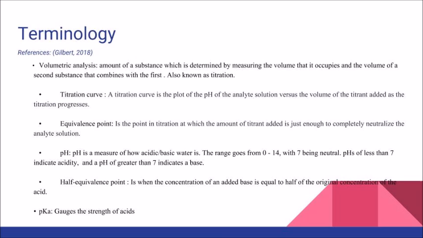Next, we have the definition of titration curve. The titration curve is used to determine basically two things: the point at which the amounts of the acid and base are sufficient to cause complete neutralization, and its other job is to determine the pH of the solution at the equivalence point, which leads us into our next term, equivalence point.